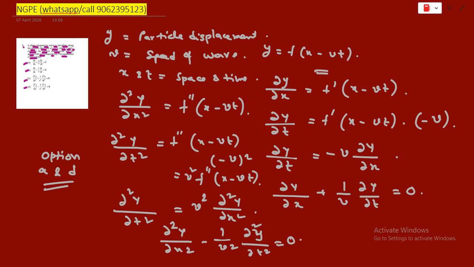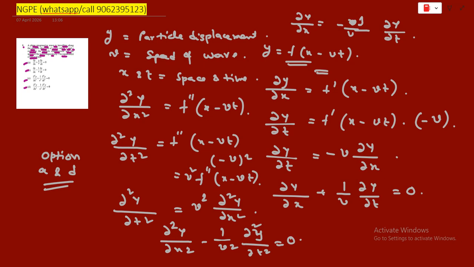If I talk about the specific solution, the first order, for y equal to f of (x minus vt), the relation is del y del x equal to 1 by v del y del t, which simplifies to option number A, right?